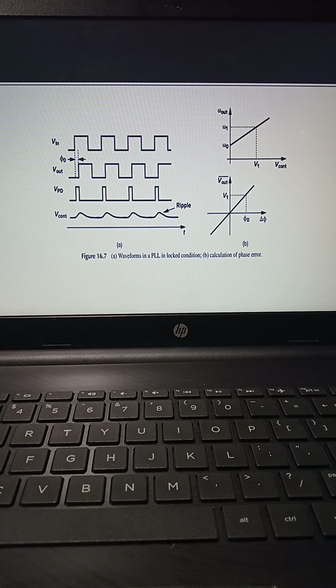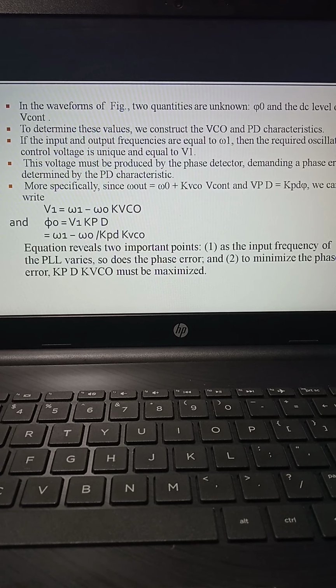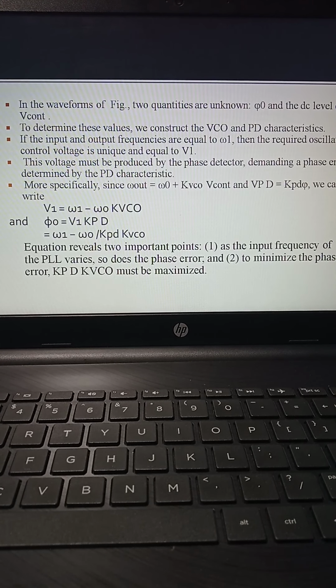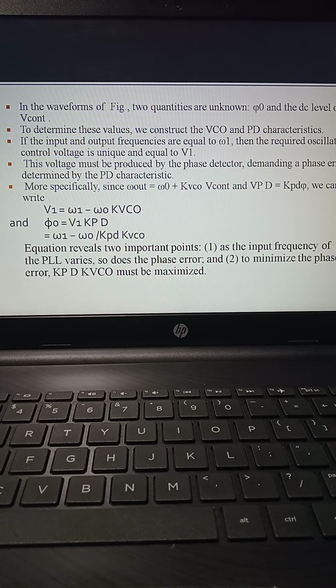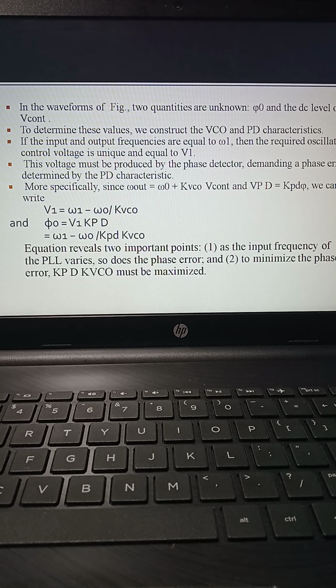More specifically, the equations are given as V1 equals omega 1 minus omega naught divided by K VCO, and phi naught equals V1 divided by K PD, which equals omega 1 minus omega naught divided by K PD into K VCO.